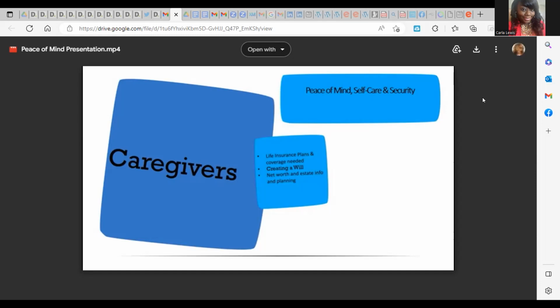What if something happens to the person you're caring for? It is a responsible practice to have these things covered, to get a real understanding of these things so that you can have peace of mind, so that you can be more in tune with your self-care and security for you and your family.